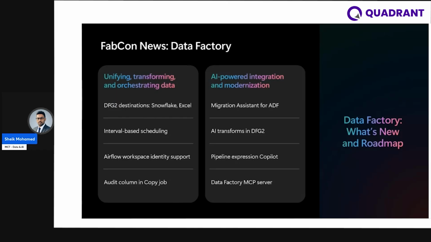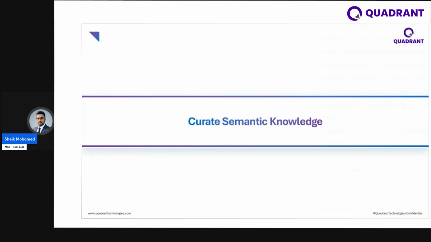On the AI-powered integration modernization, we have this migration assistant and AI transforms. That's something called AI transformation in Dataflow Gen 2, which you can take a look at. And we have pipeline expression Copilot, which will be handy in case you're building complex pipeline expressions. Copilot is right there to help you speed up the expression builder area, right? And we have Data Factory MCP server as well, recently launched at FabCon. So those are quick announcements.